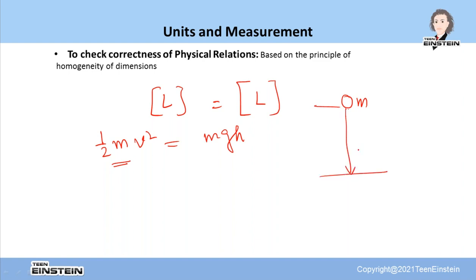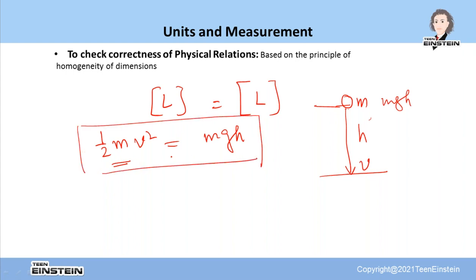Suppose it was at h height, just before hitting the ground, it will have the highest velocity v, and the whole potential energy mgh will be converted to kinetic energy, which is given by this relationship. Okay, we have to see whether this equation is correct or not.